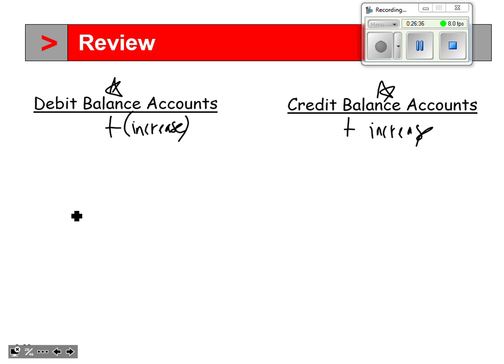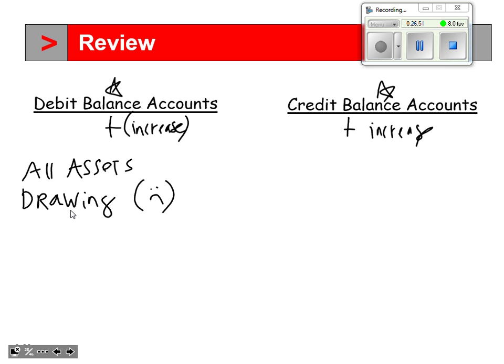What accounts have debit balances? All assets, and drawing, and all expenses.